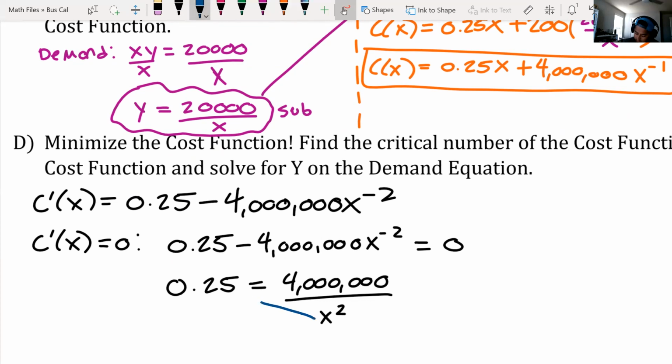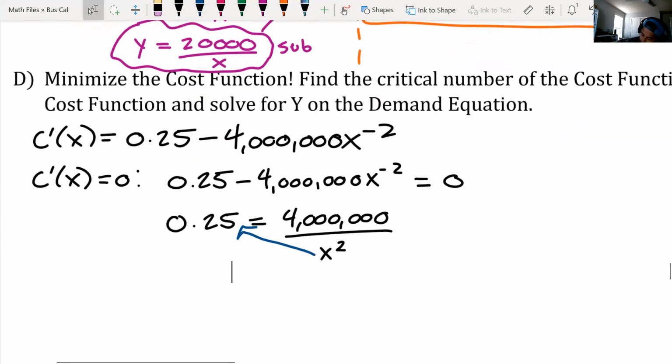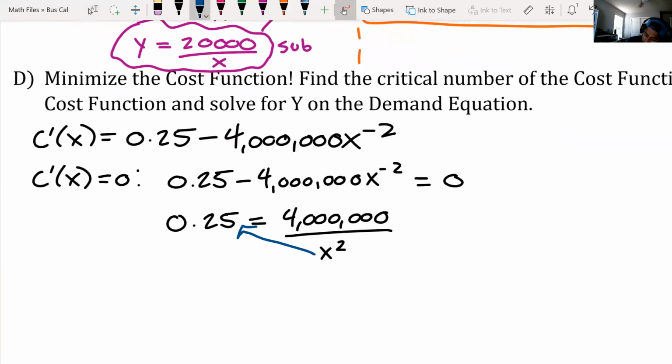So we're just going to multiply it to the left side. So we get 0.25 x squared equal to 4 million. Now divide by 0.25.